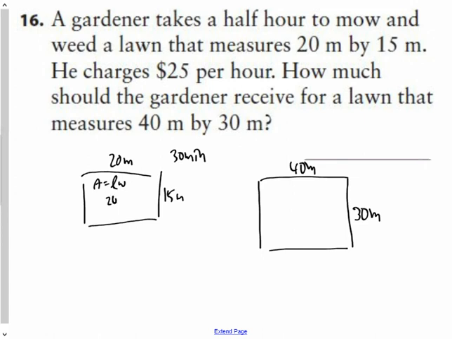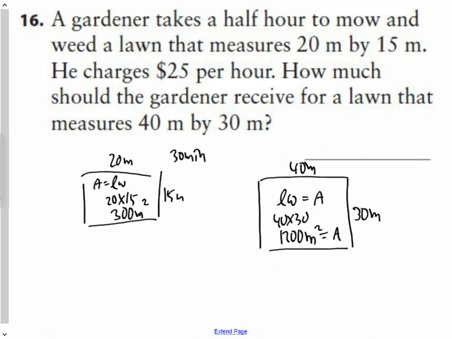So it's 20 times 15, which is 300 square meters. In other words, a 300 square meter lawn takes him 30 minutes. All right? So this lawn over here, its area is length times width, which would be 40 times 30, which is 1,200 square meters.